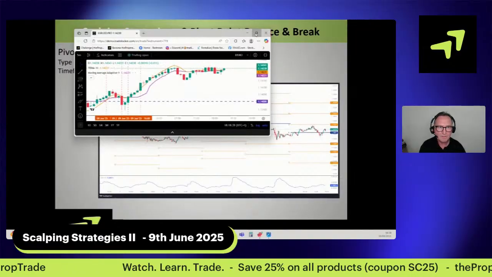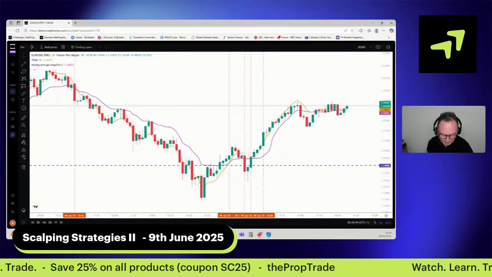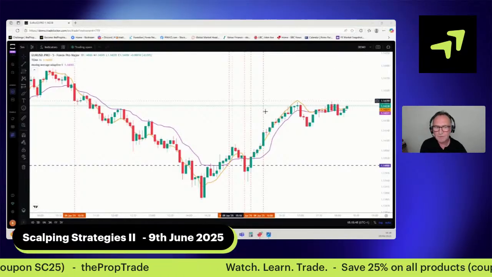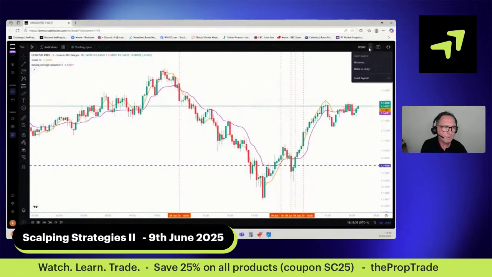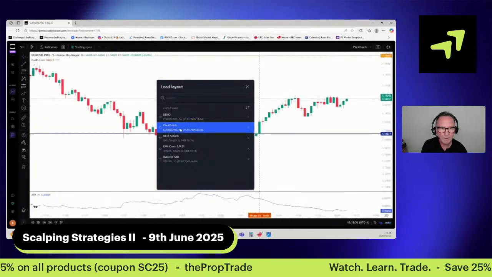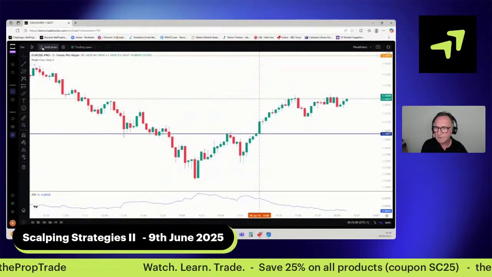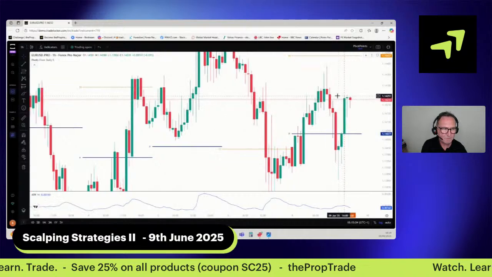So can you all see my platform? Let's have a look. Right, okay, so you should be able to see that. So that's the wrong layout. We're going to come back to that one in a minute. We're looking at pivot point layout. There we are. So if we just go to the 1 hour chart, we'll see more there.